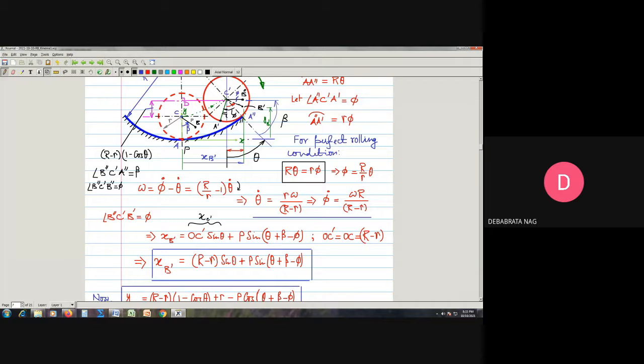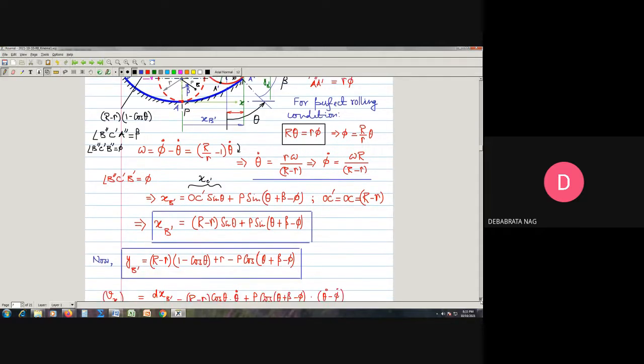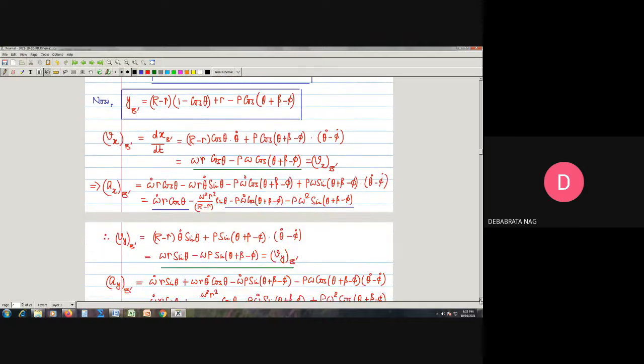So it means that the point of contact at any geometric configuration, its velocity must be equal to 0, and that is in line with the requirement that our body is executing rolling without slipping condition. So you see, therefore, this is the most general expression.